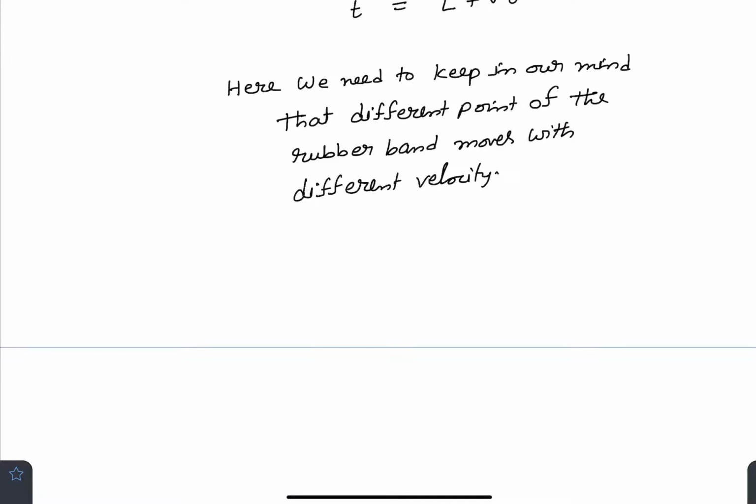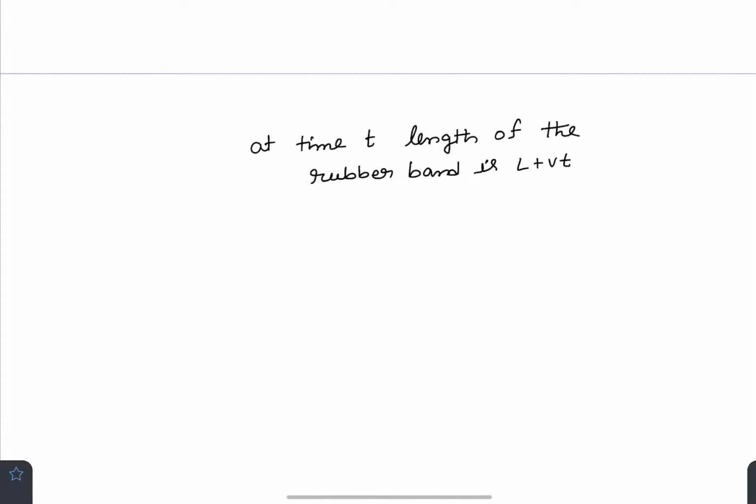So what exactly we'll write here: at time t, the length of the rubber band is of course L plus vt, and the velocity of the end connected to the wall is 0.